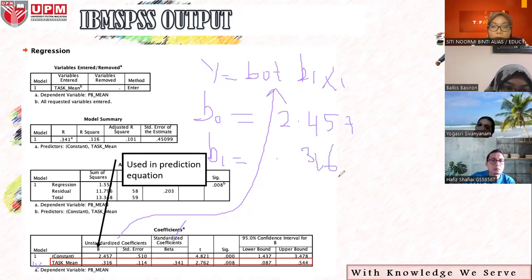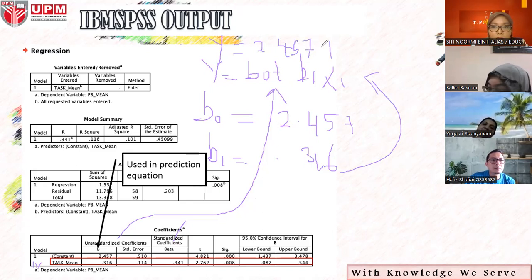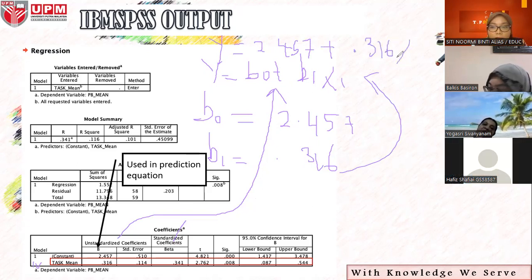So then we plug into our prediction equation. It becomes y equals to 2.457 plus 0.316x.